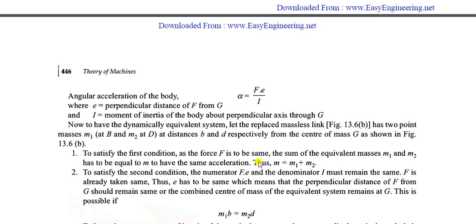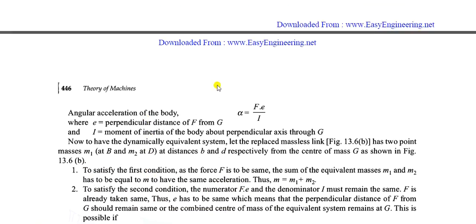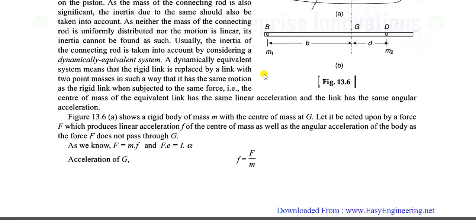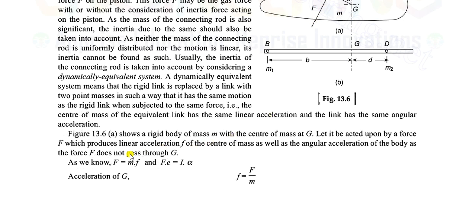Now we will derive this. There are two conditions exactly. The first condition: if this is force F and this is mass m, and the body is moving, this F force produces a linear acceleration f.